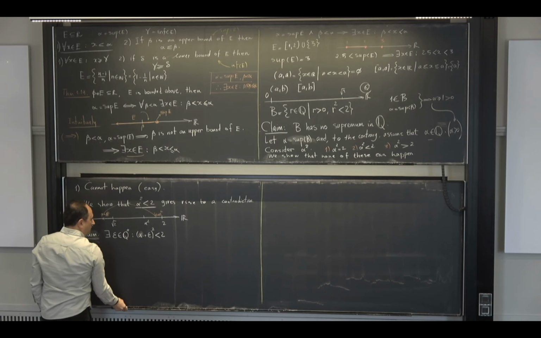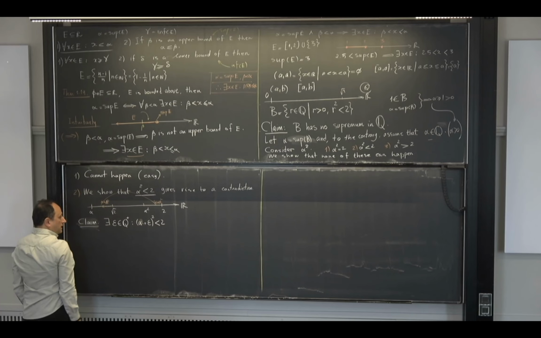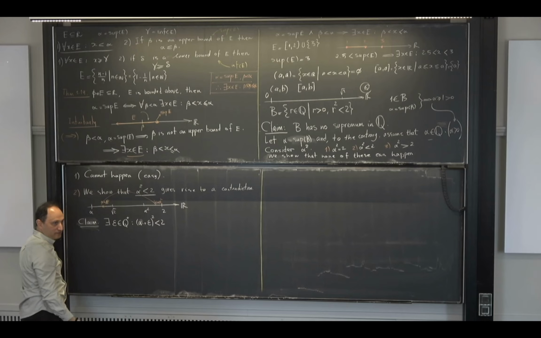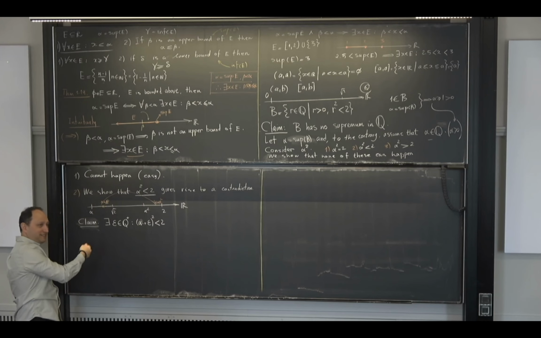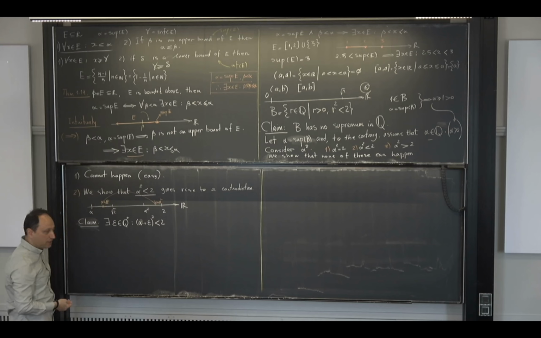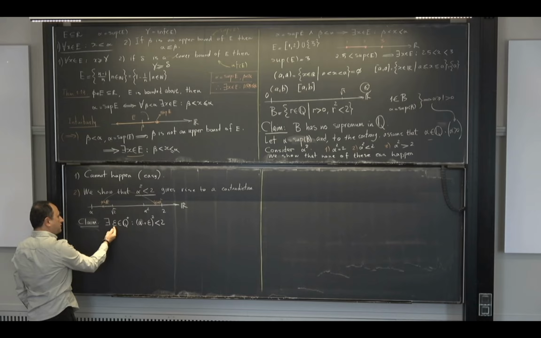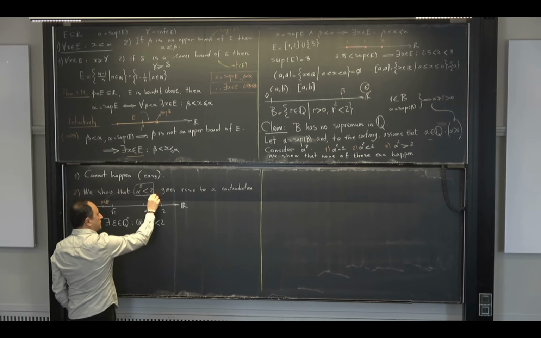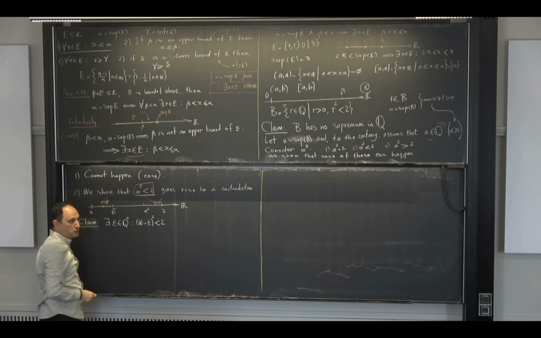Okay, so how can I prove this? In other words, if I want to claim such an epsilon exists, I have to offer that epsilon. I cannot say, okay, feel that it exists. Yes, it exists, but I have to offer that epsilon to you. I have to offer a positive rational epsilon so that under this condition, it guarantees this one.